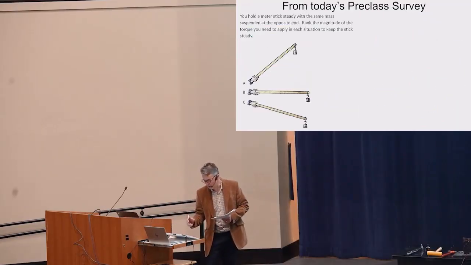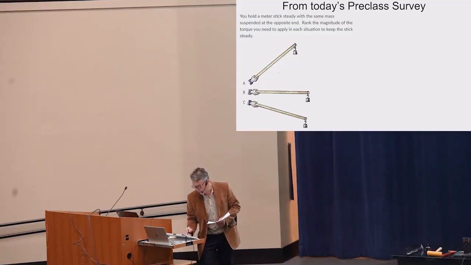You hold a meter stick steady with the same mass suspended at the opposite end. Rank the magnitude of the torque you need to apply in each situation to keep the stick steady. So what you're doing is you're applying some kind of torque like this to counter the gravity torque of these masses pulling down. And what's important here, since the force line is vertical in all these cases, is this distance.